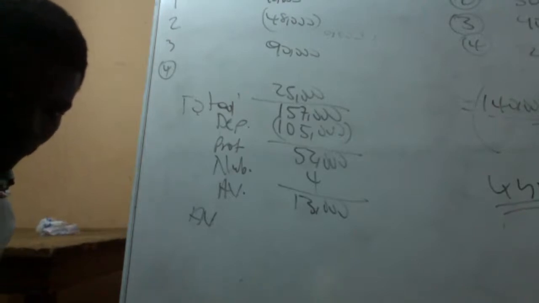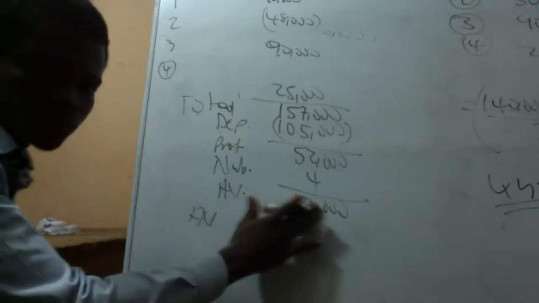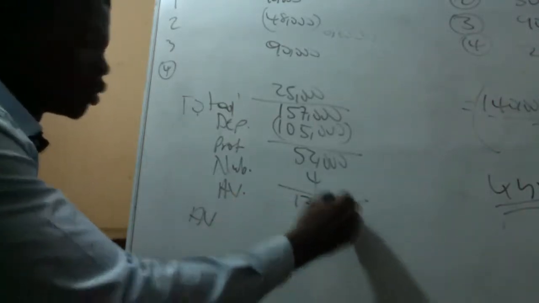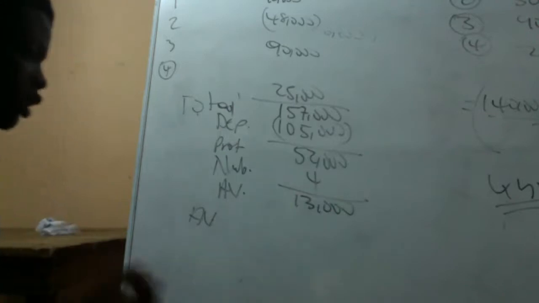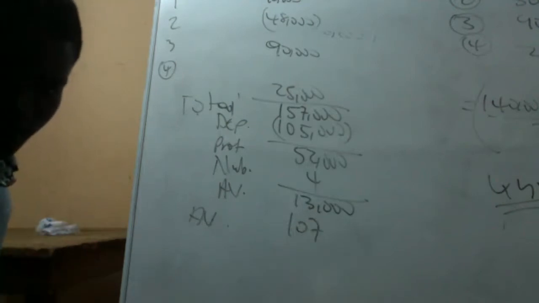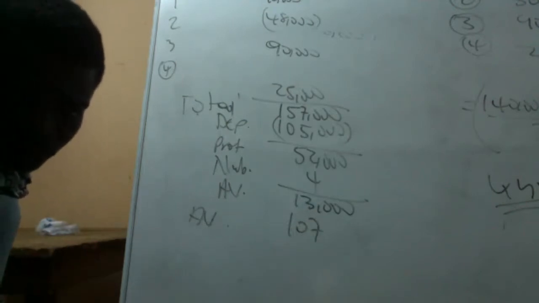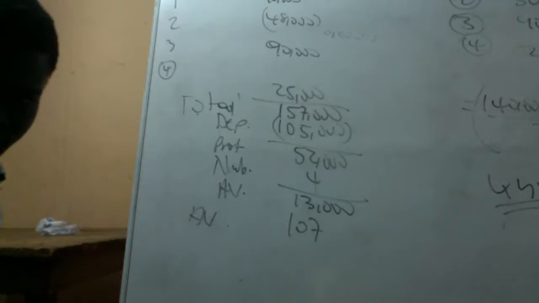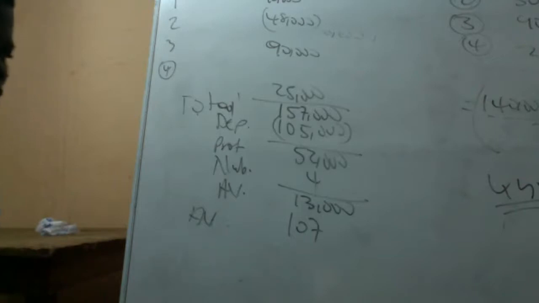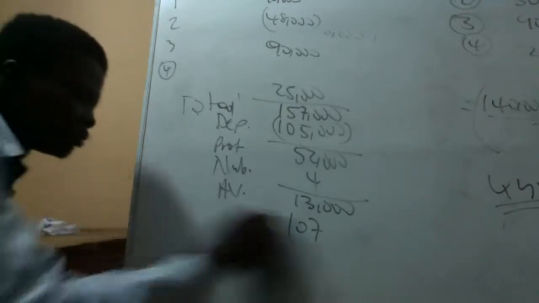Okay, so average investment. Can you see 12? Good. So therefore, average investment, we had 107,500. Average investment will be, let's do the calculation here.